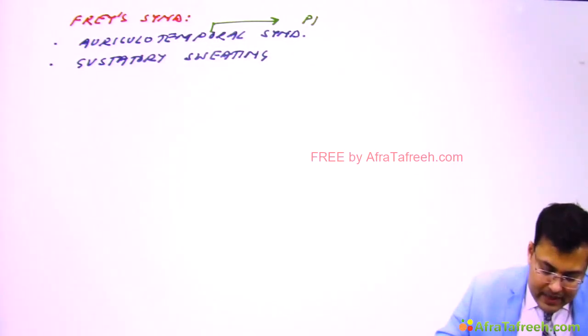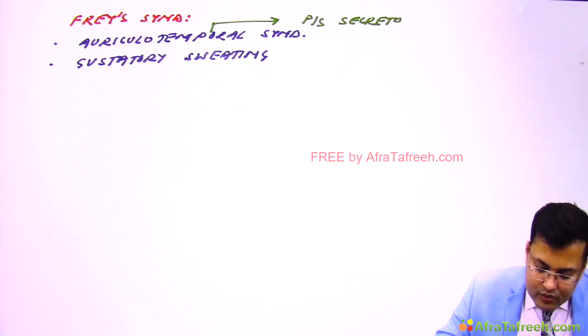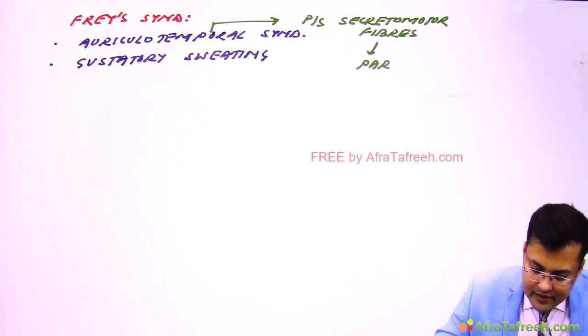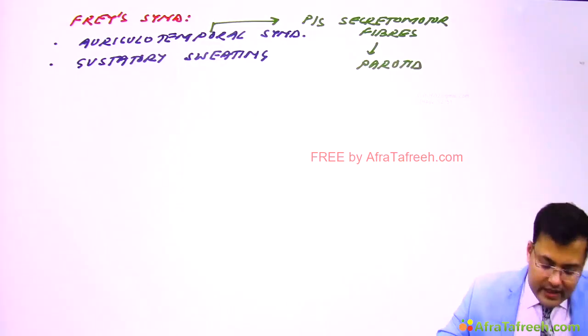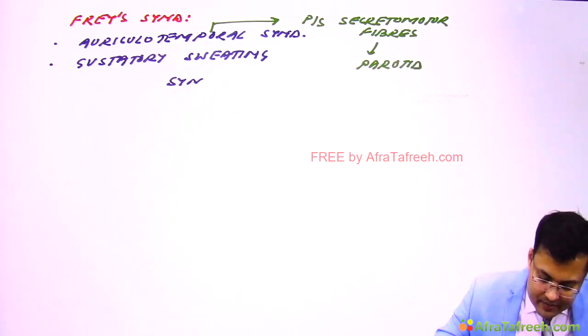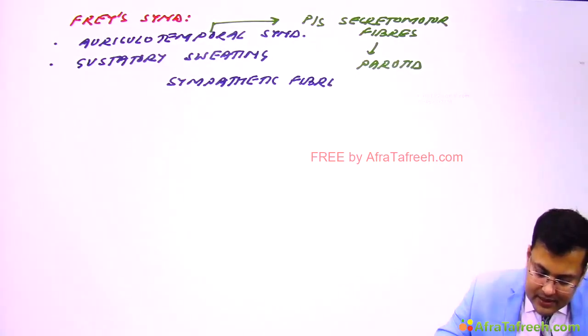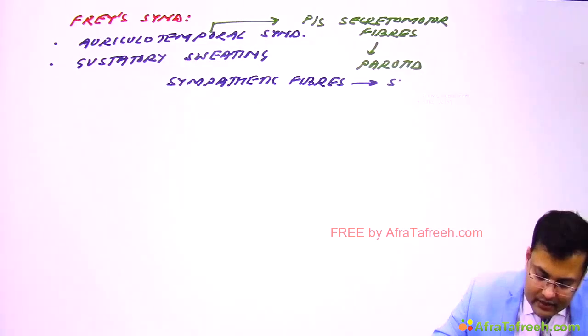So it contains parasympathetic secretomotor fibers to parotid. Okay, so there are sympathetic fibers. And these sympathetic fibers are going to supply the sweat glands.